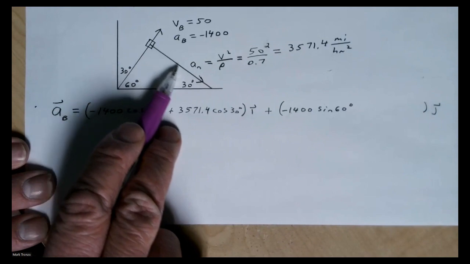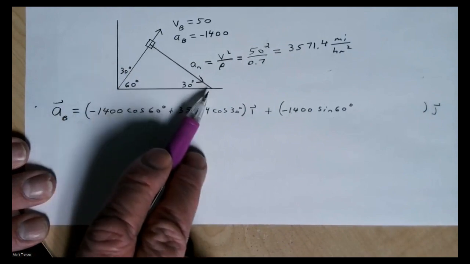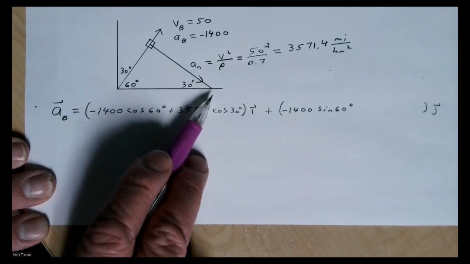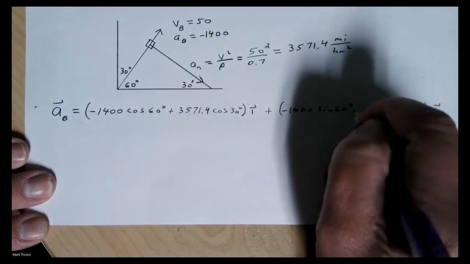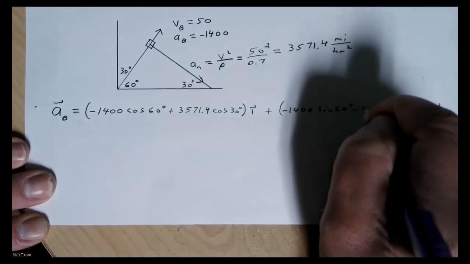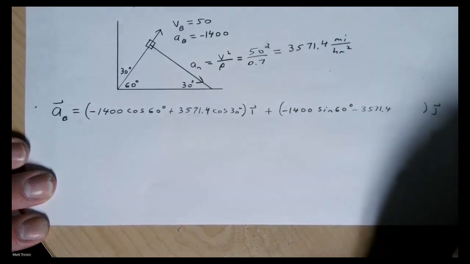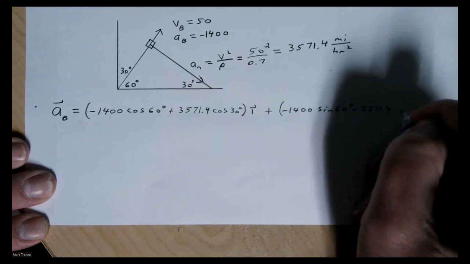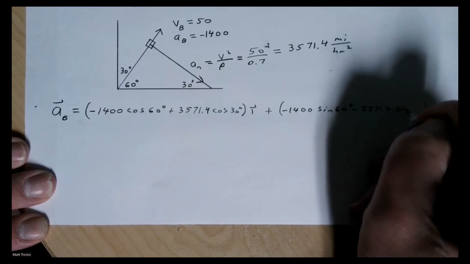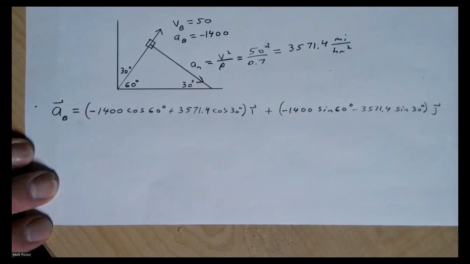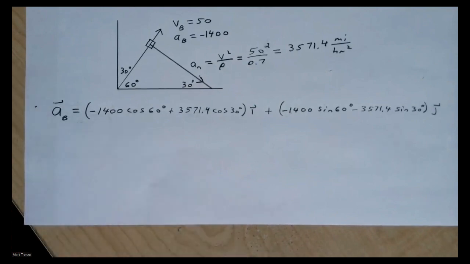And now notice the y component is going downwards, so that's going to be negative. So that'll be negative 3571.4, and this will be sine 30. So let's calculate those.